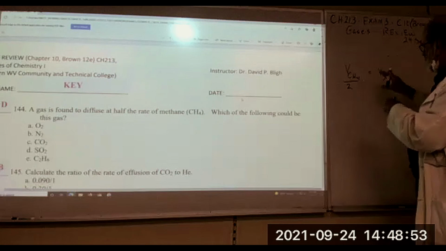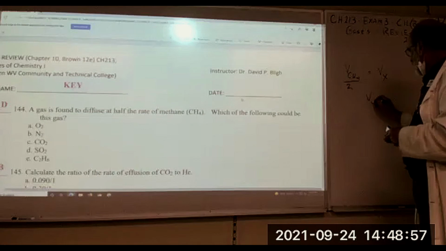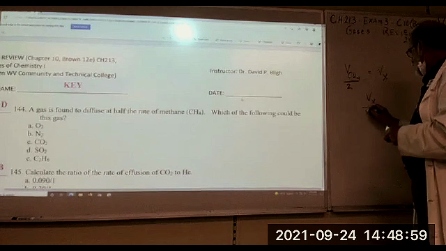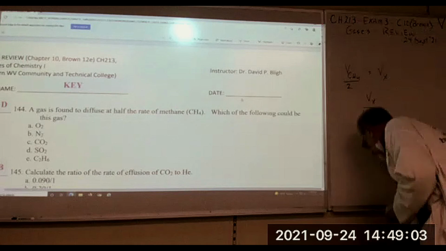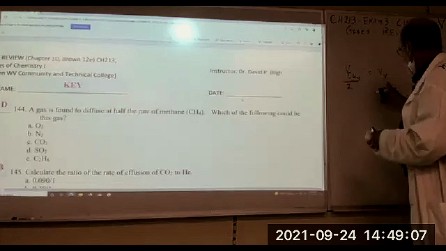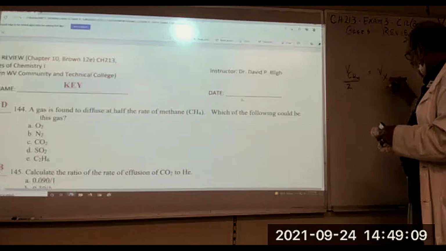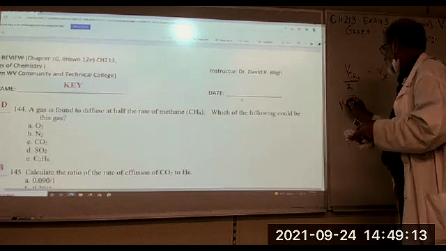Well, yeah, we can ratio those. So if we ratio this one to this one, let's see, no, that's not right. Excuse me. First, let's do it this way.